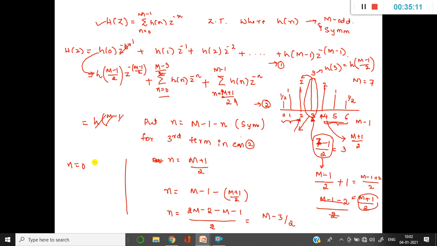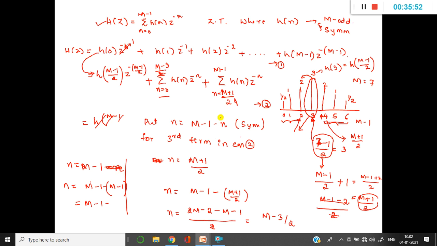And similarly the upper value. Put n equal to m minus 1, the upper limit. So this will be m minus 1 minus n, right?